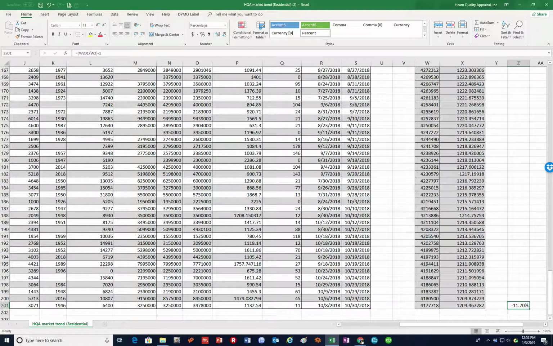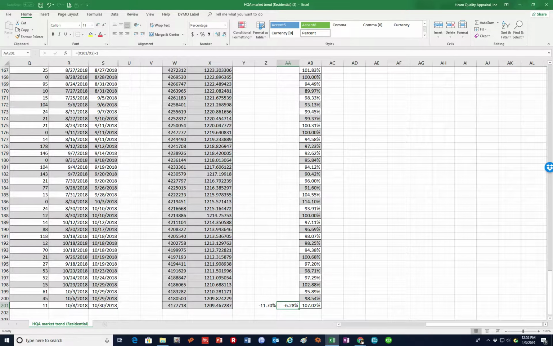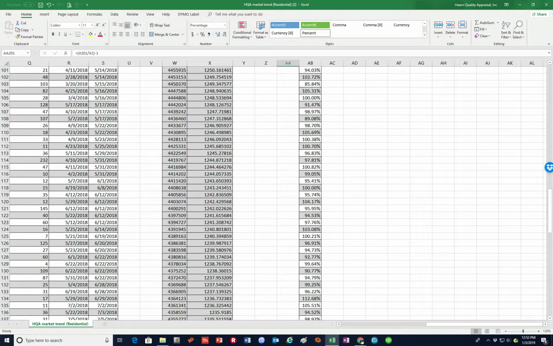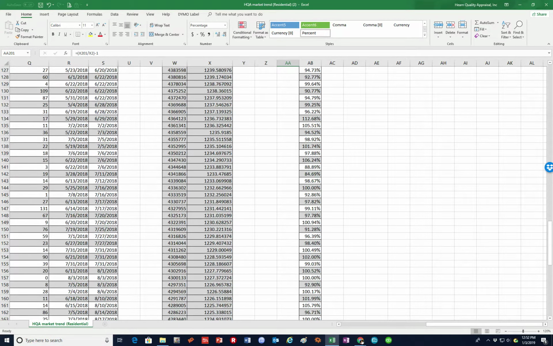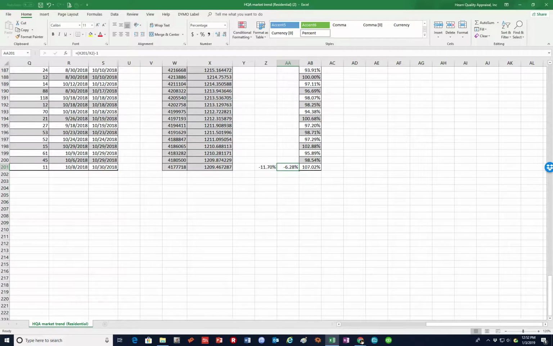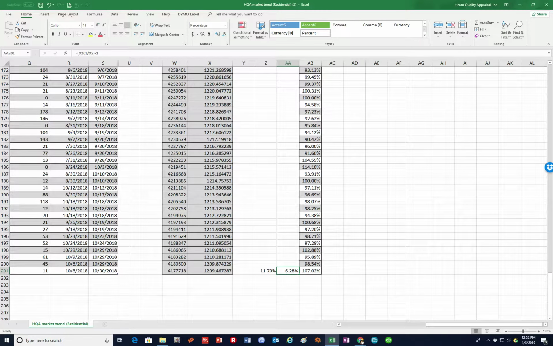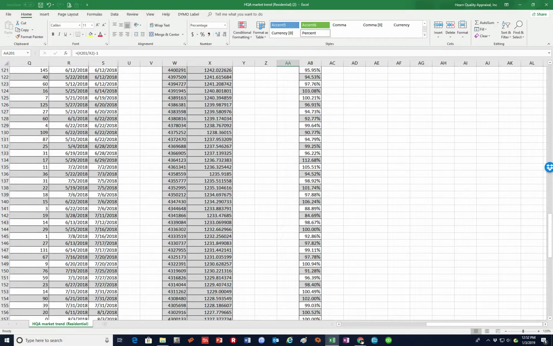And then we can copy that same formula over to the next column, and that tells us in terms of sale price per square foot, which is probably a more accurate measure, negative 6.28. So in light of holidays, in light of rising interest rate, a little over 6% decline is not very great.